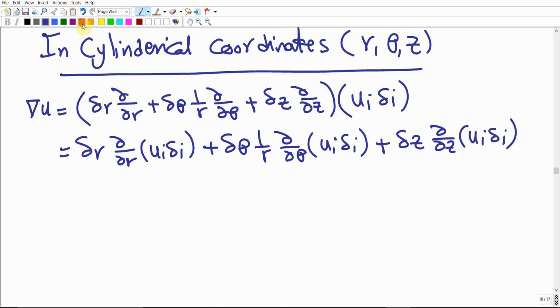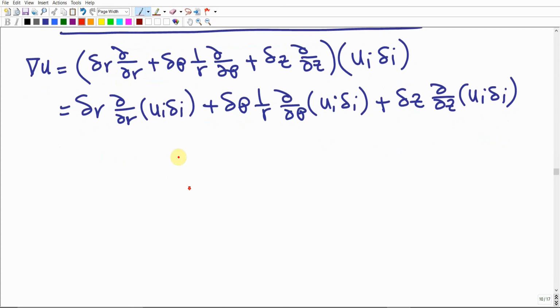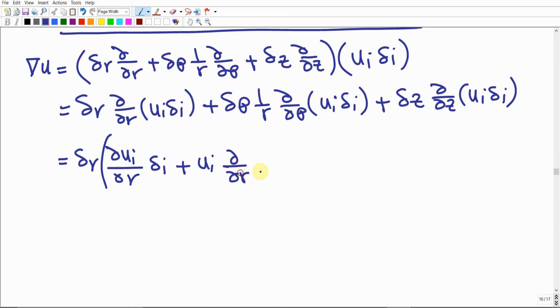Now let us work over all of these three terms, starting with the first term. Here equals δr. This term will be split into two derivatives: partial ui by partial r δi plus ui partial by partial r of δi. This is for the first term. It has been split into two terms.